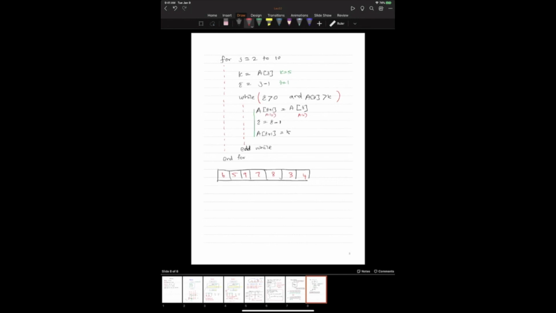For example, I will take this and move it here. A1 is 6. If I take 6 and put it at the location of 5, we will replace it. So that means the 5 is lost. But we already saved it in a temporary variable called K. So we cannot use any of these numbers. That's the challenge here.